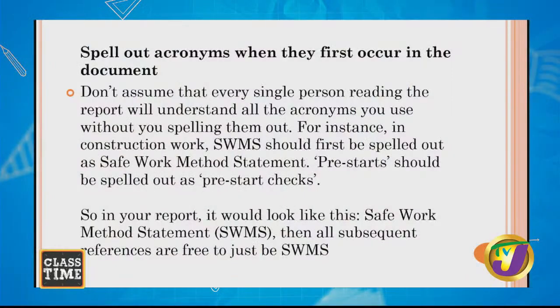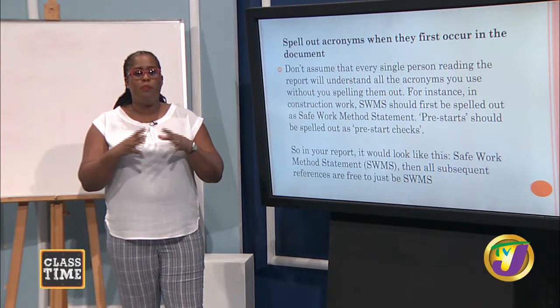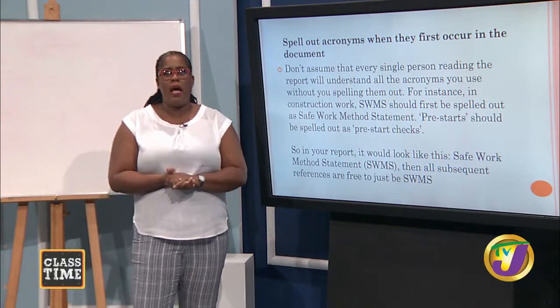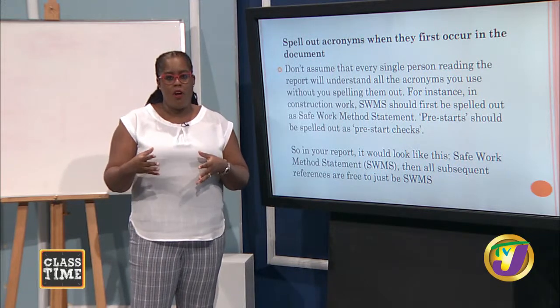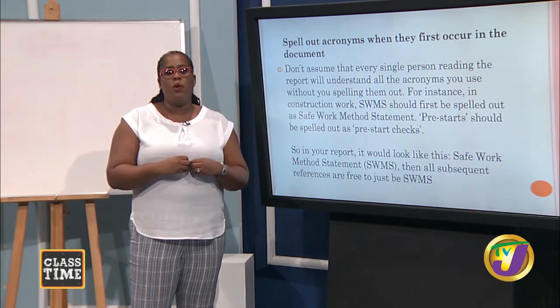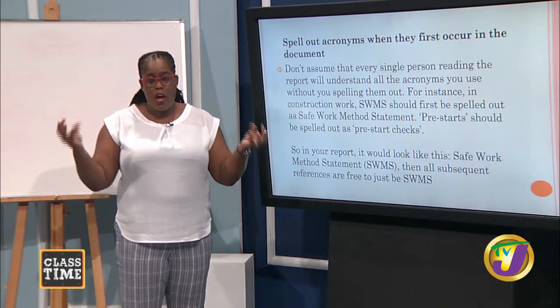Now, let me explain what an acronym is, because many persons confuse an acronym for an abbreviation. Now, an abbreviation is the shortening of a name using the beginning letters, like, for example, NEPA, right? NEPA is an abbreviation, so it is a shortened version of the organization name.